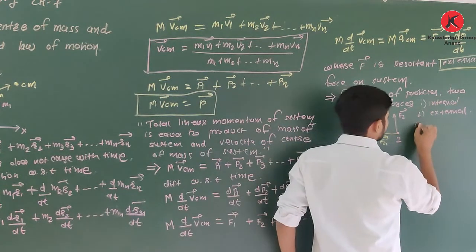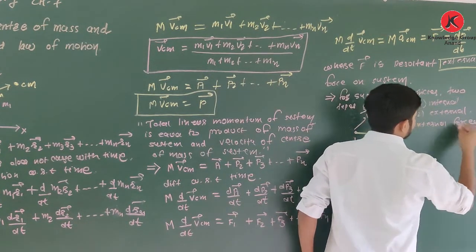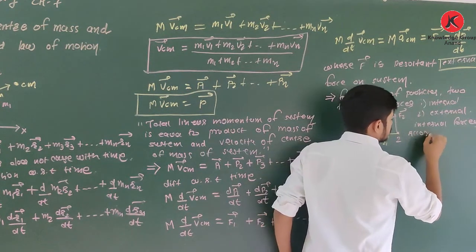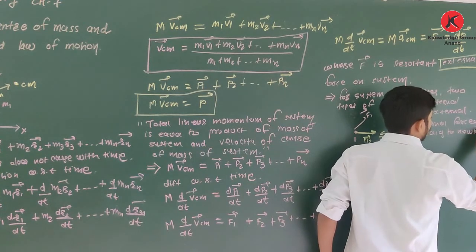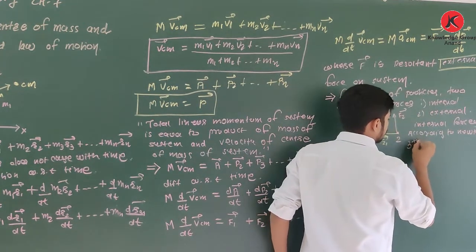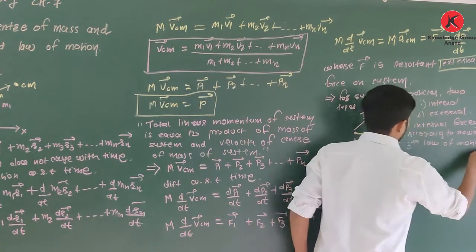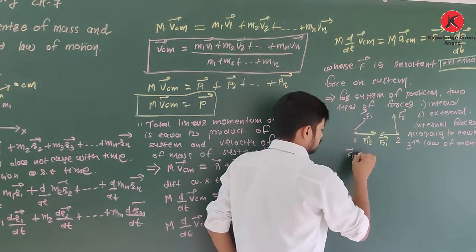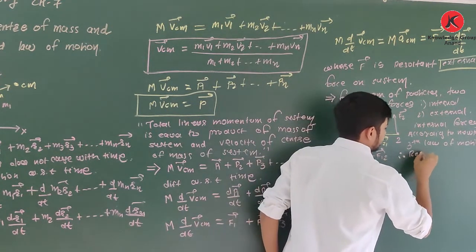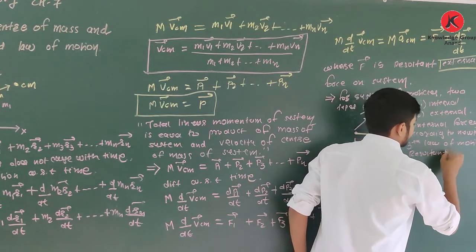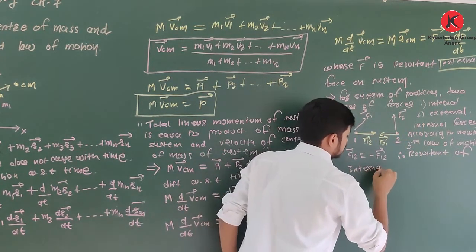Internal forces, according to Newton's third law of motion, F12 is equal to minus F21. So therefore the resultant of internal forces is 0.